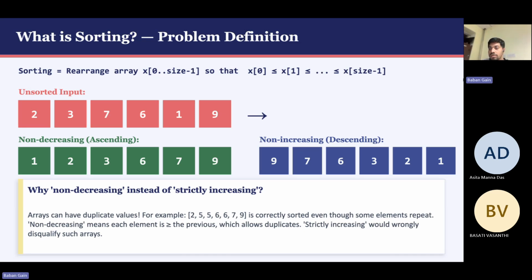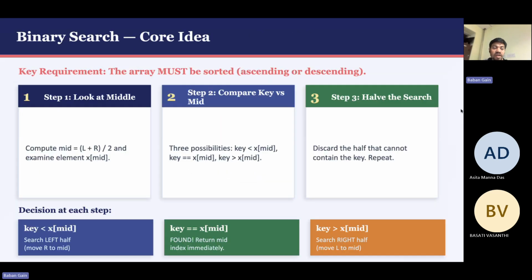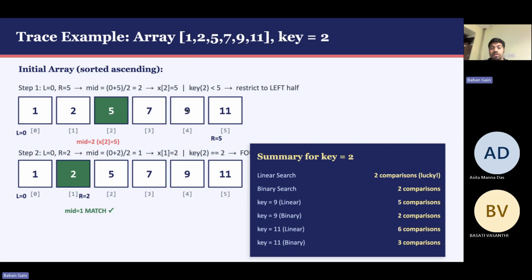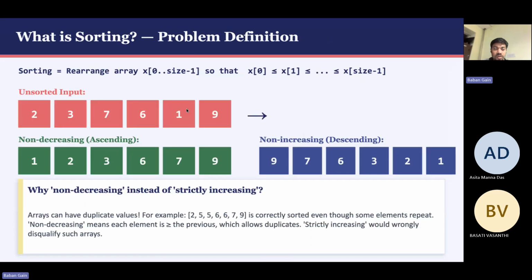So after binary search, let me come to the sorting part. Here I have told you that for binary search, you need to have the array in the sorted position. But the thing is how exactly to sort them? Let's say I have some array 2, 3, 7, 6, 1, 9.